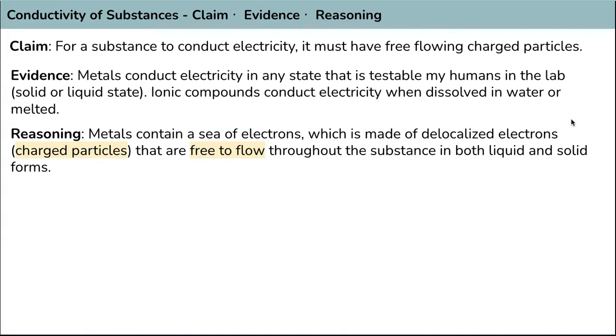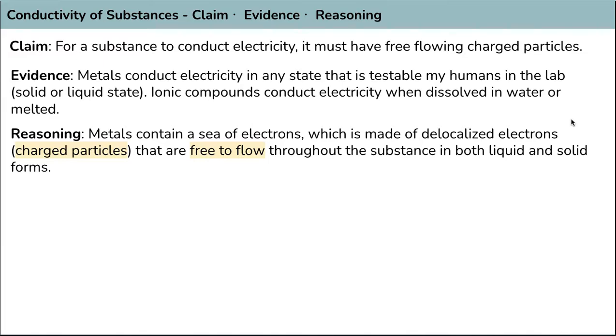Metals are pretty straightforward. We know from our study of metals that they contain a sea of electrons. Sea of electrons is basically just saying that when you put a bunch of metal atoms together, the electrons will delocalize, which means they kind of break free of their parent nucleus and are free to roam through the substance. So metals containing the sea of electrons basically just says that they have charged particles.